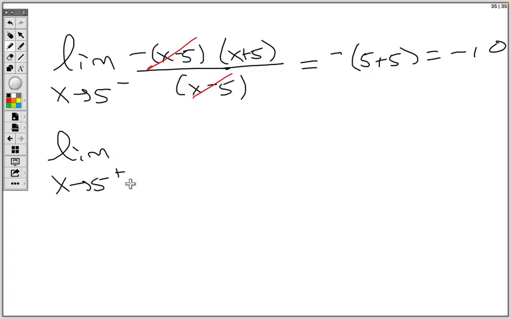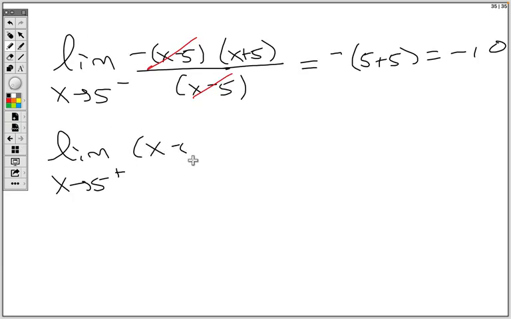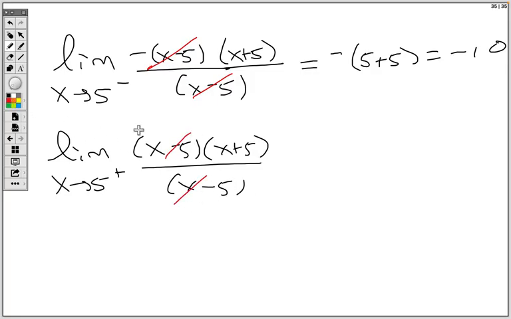Coming into 5 from the right, the absolute value of x minus 5 is x minus 5. So the x minus 5 cancels out, and I can direct sub, plugging the 5 in to get a 5 plus 5, which is a positive 10.